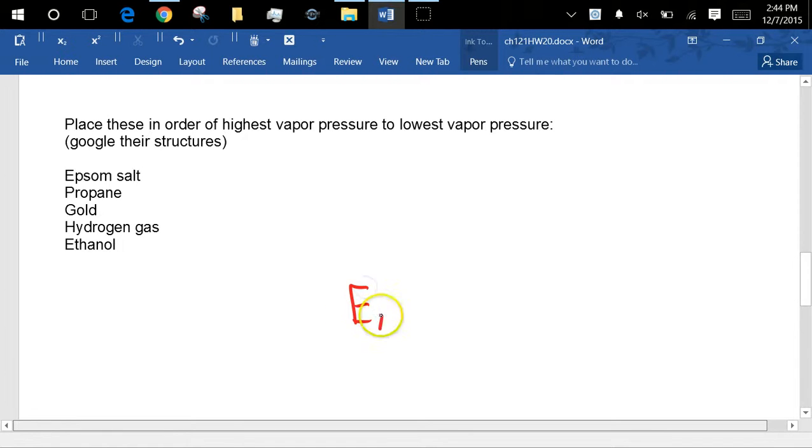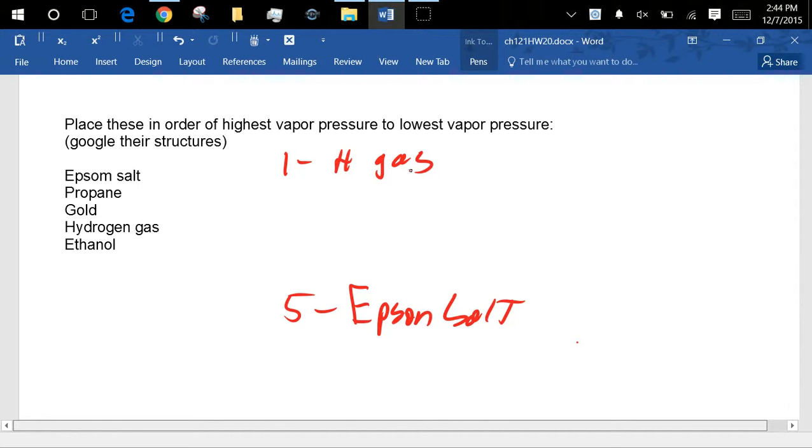So who's got the highest vapor pressure? The hydrogen gas, for sure. Why does the hydrogen gas have the highest vapor pressure? That's not a good reason.